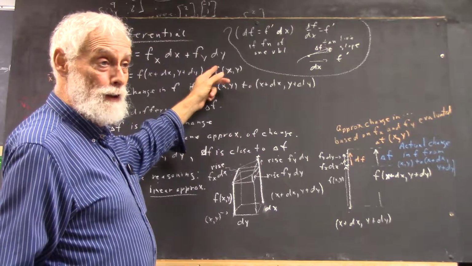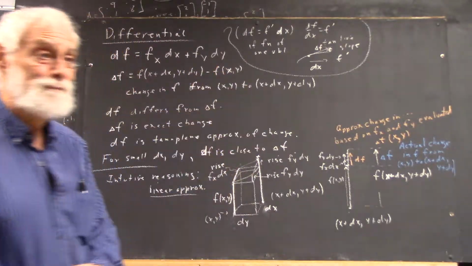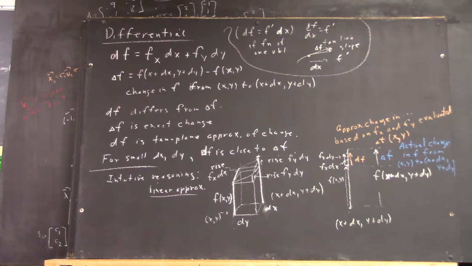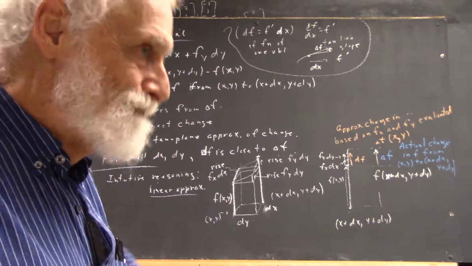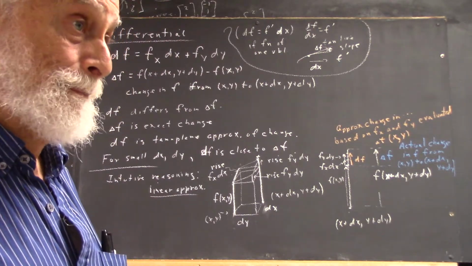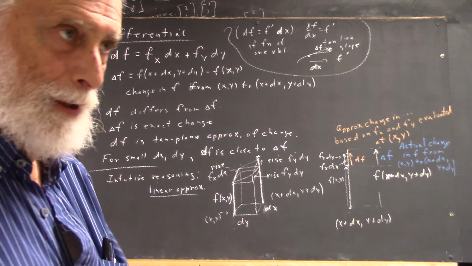And then you understand the error. Make sense? Well, maybe not because we haven't done it, but this is another use of the differential or the tangent plane, because they really are the same thing. Just different pictures of the same phenomenon.